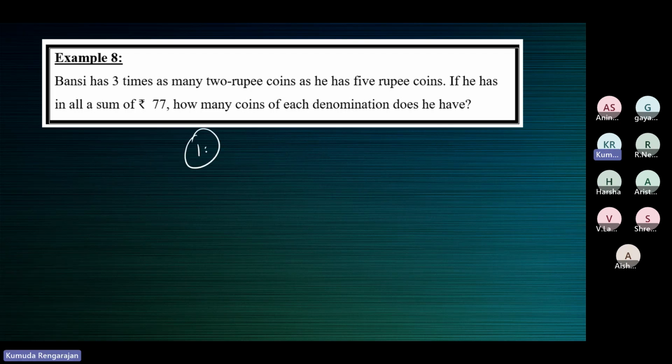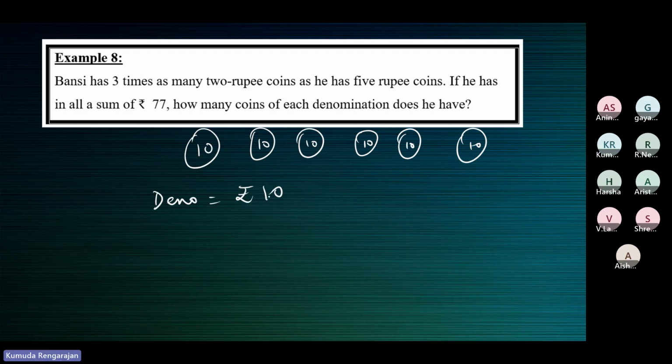Supposing 10 rupee coins. This is a 10 rupee coin, 10 rupee coin, 10 rupee coin, 10 rupee coin, 10 rupee coin, and 10 rupee coin. The denomination is 10. What is the number of coins you have? 6. So it's 60 rupees.